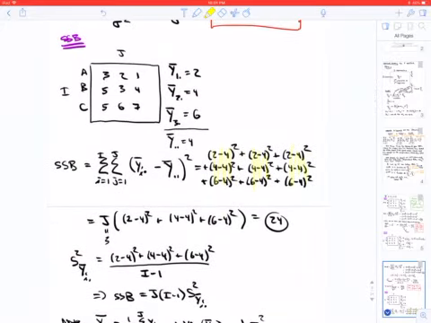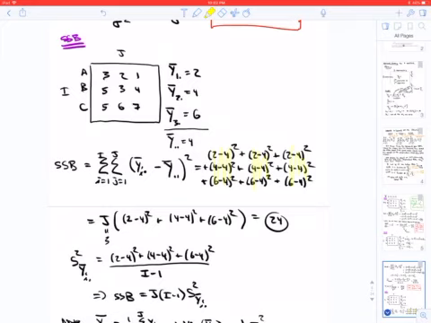And then the sum of squares between, so here what we're looking at is the difference between these means, 2, 4, 6, and the total mean. And we do this for each element of our data. So for example, for the first row, we would have 2 minus 4 quantity squared.